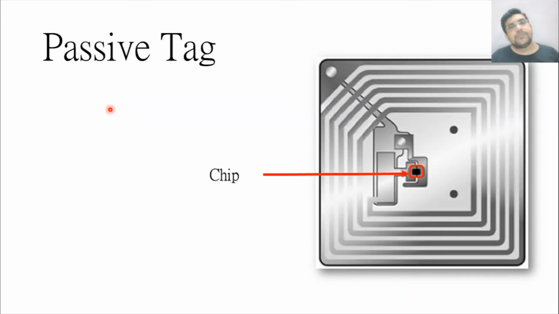The chip has the memory to store the information of that particular object. I'll show you the diagram of the chip later in this presentation. So the chip is the most important component of any RFID tag, either active or passive or semi-passive, whatever. So move on.